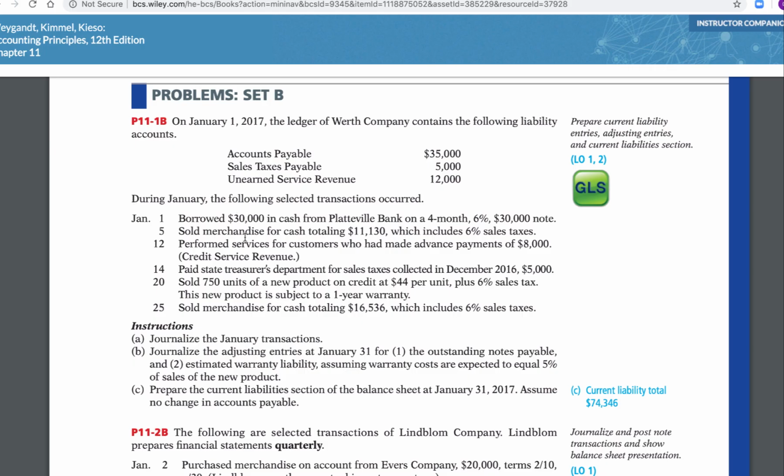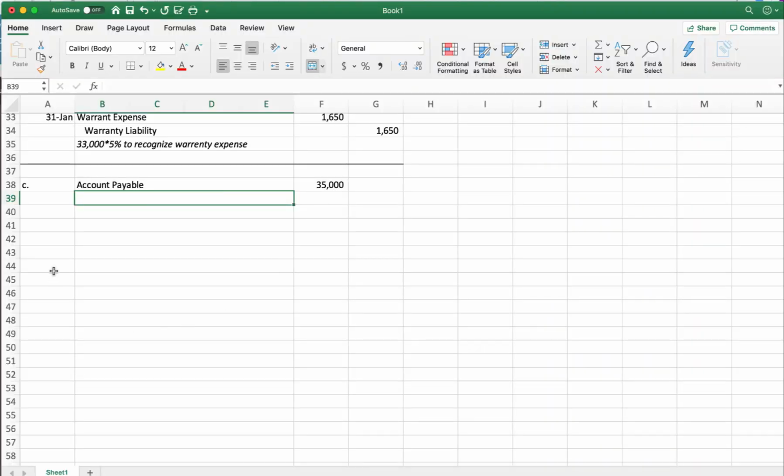So now, what else do we have, right? We know there's sales tax payable and that we know there's unearned service revenue, okay? So let's think about our sales tax payable. Now, we could do one of two things. We could do a T account, which would be so much easier.